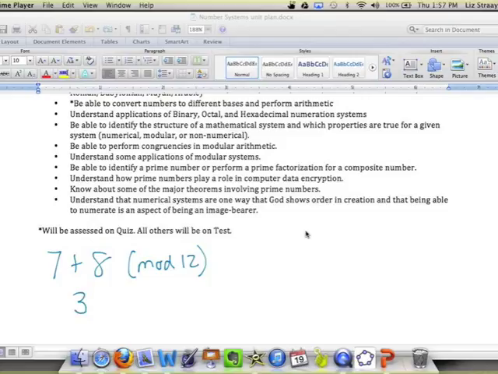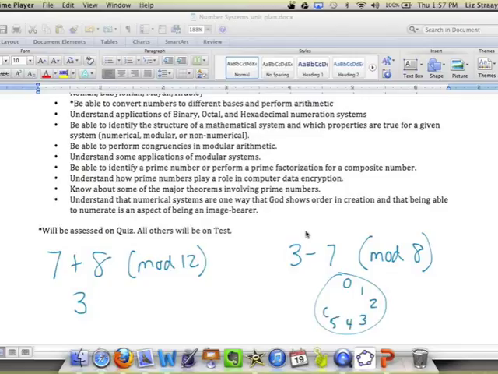There was one on the homework that was like 3 minus 7. What do we do for that again? So if we have something like 3 minus 7, let's put this in mod 8. Mod 8 is like a clock with 0, 1, 2, 3, 4, 5, 6, 7.